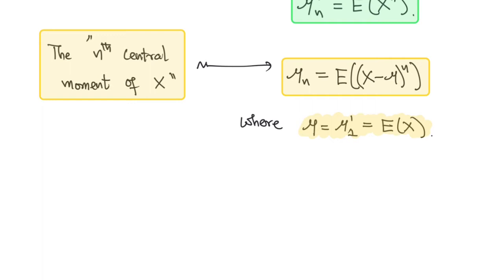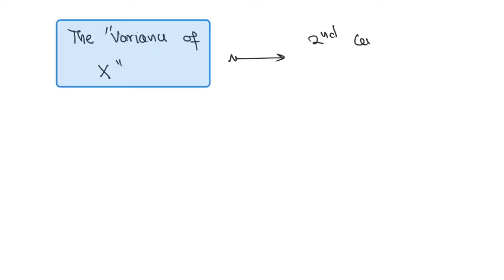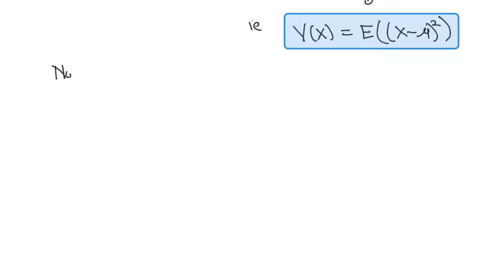If we denote mu as mu 1 prime, that is the expected value of X, we note that the variance of the random variable X is exactly the second central moment of X. That is, the variance of X is the expected value of X minus mu, squared.